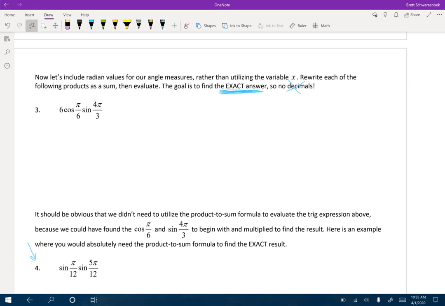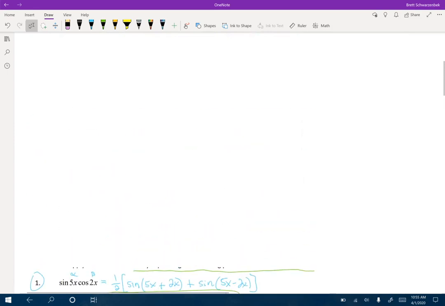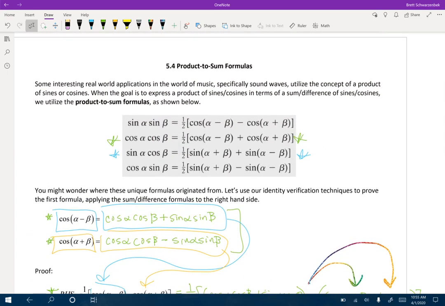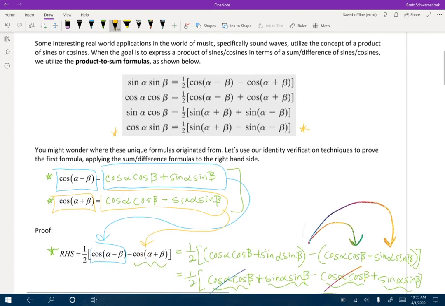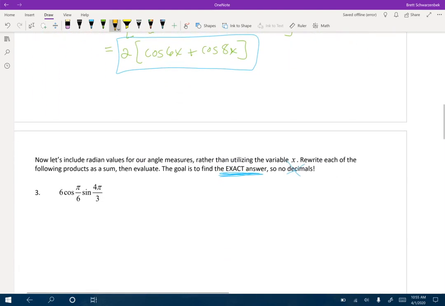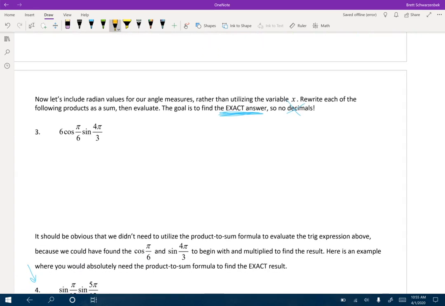So again, what we would do is go back to the cosine sine value. If you look at our formulas up here, the cosine sine value is actually here. So we would use this formula with double signs, a minus in the middle, and so forth, and we would do the math out. Remember, we do have a multiple in the beginning here.